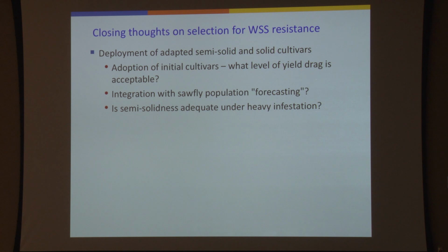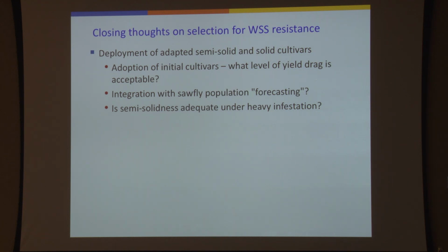It was considered a compromise between deterring the insect and allowing reasonable yield as well. So what level of yield drag is acceptable? For a farmer that has had this problem year after year, some amount of yield drag would certainly be acceptable for that farmer, maybe not for a farmer that hasn't had the problem yet.